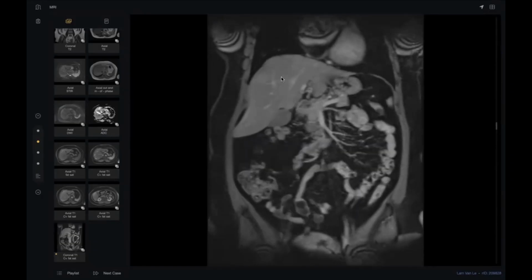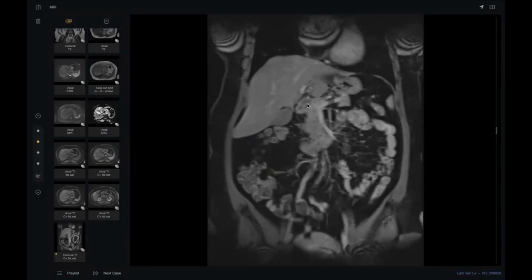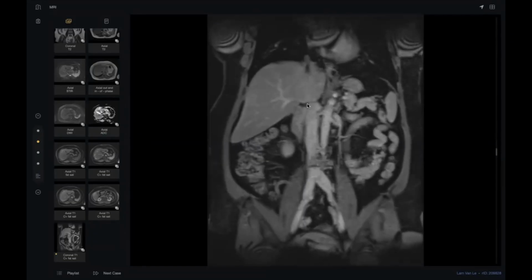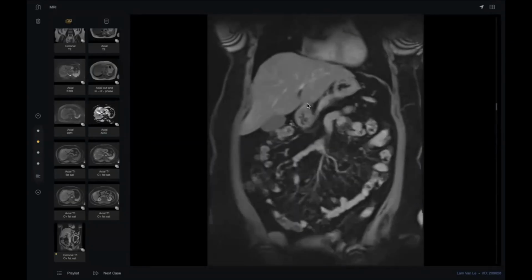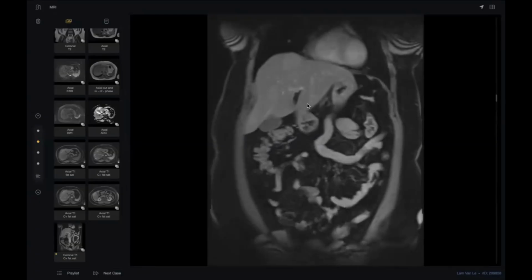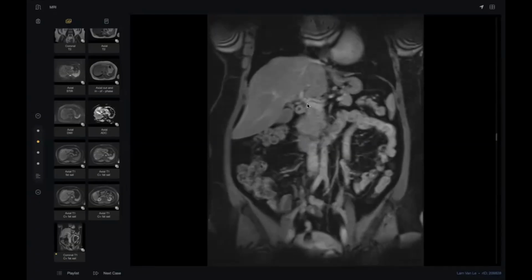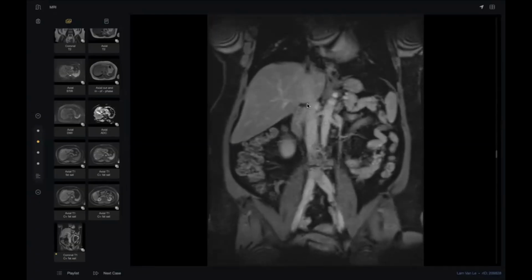The hepatocyte will uptake the contrast, and then after uptaking it, it will excrete into the bile duct. Minute by minute, after 20, after 30, after 60 minutes, a considerable amount of the Primovist will be seen outside the liver and outside the biliary tract.